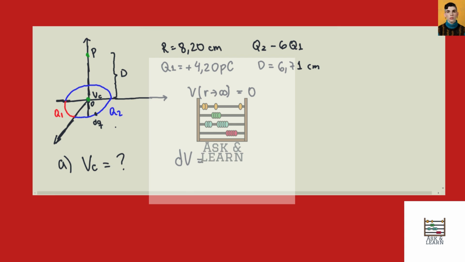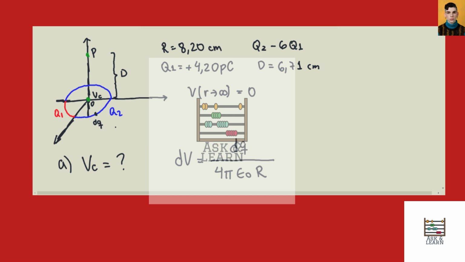The differential in potential is equal to the differential in charge over 4 pi epsilon 0, times the distance to that point. Because we are at the center of the circle, every differential is at the same distance r, which corresponds to the radius of this circle.